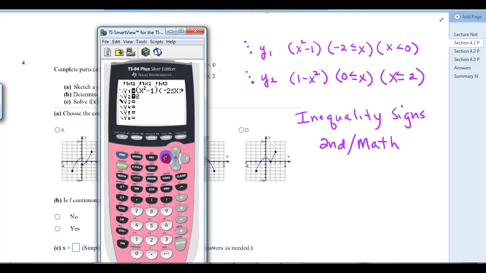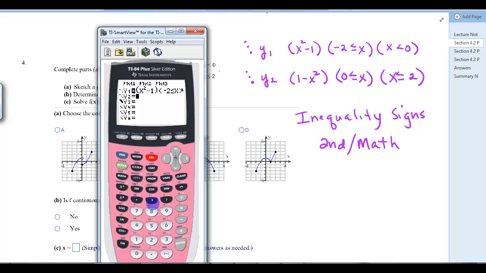All right, let's go down to y2. Let's make that be dot mode. All right, let's go back here, and I'm going to delete that thing.